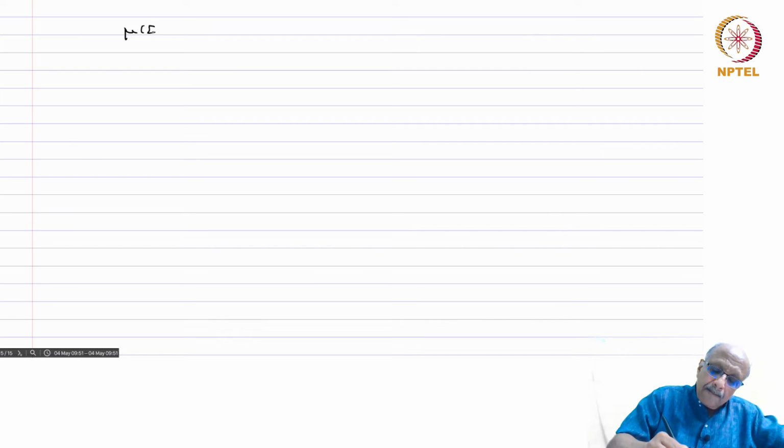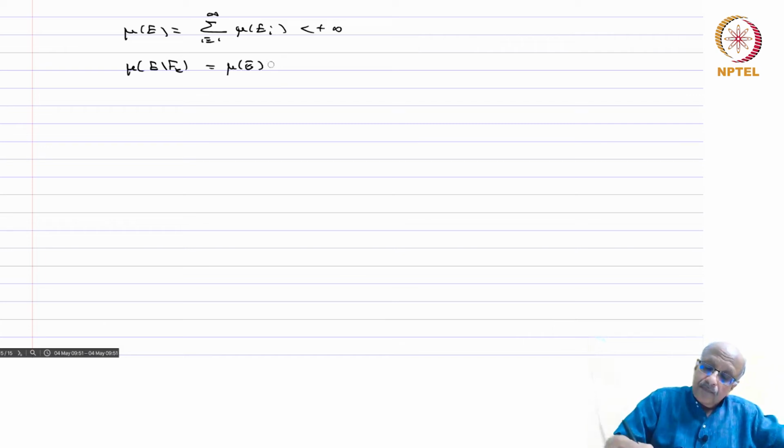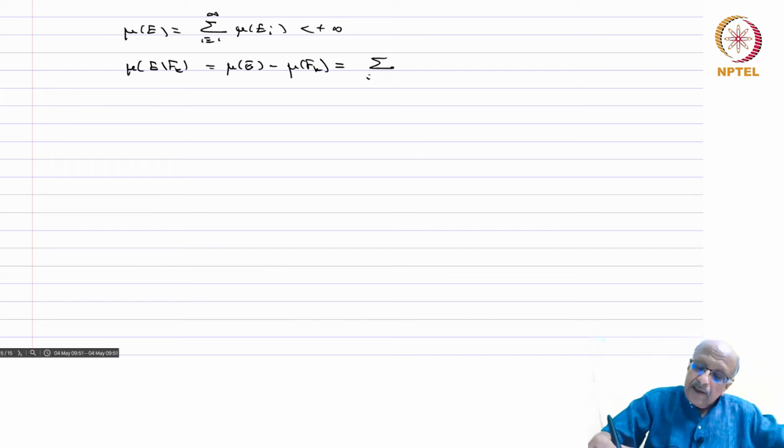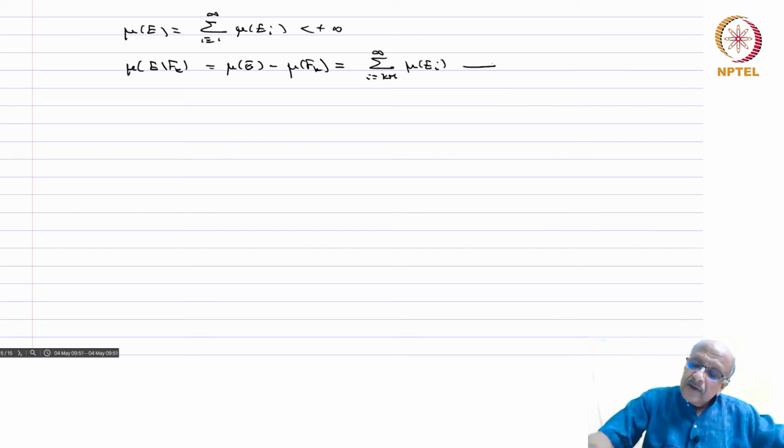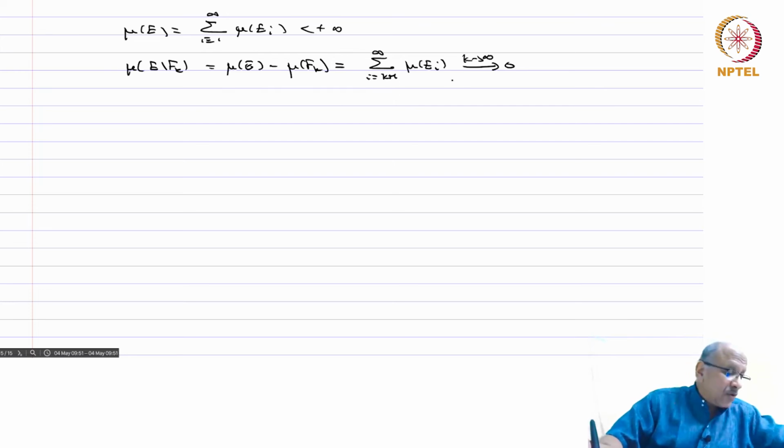So mu E equals sigma i equals 1 to infinity mu of Ei, and that is finite, and mu of E minus Fk is mu E minus mu of Fk, and that's equal to sigma i equals k plus 1 to infinity mu of Ei. And this tends to 0 as k tends to infinity, because you have the tail of a convergent series, and therefore this has to go to 0.